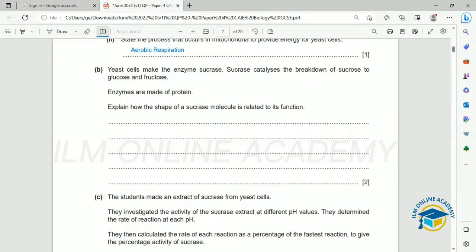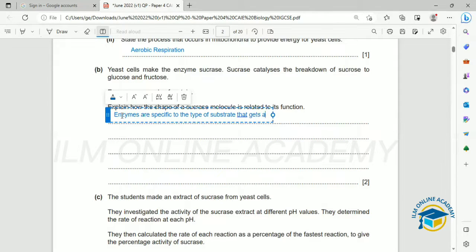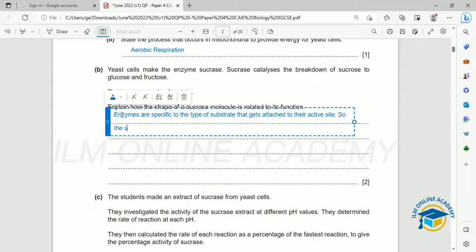So you can write that enzymes are specific to a type of substrate, and the shape of the active site of sucrase is complementary to the substrate.